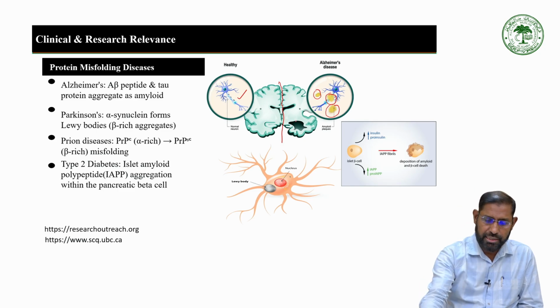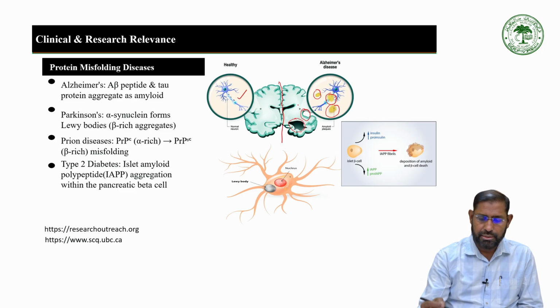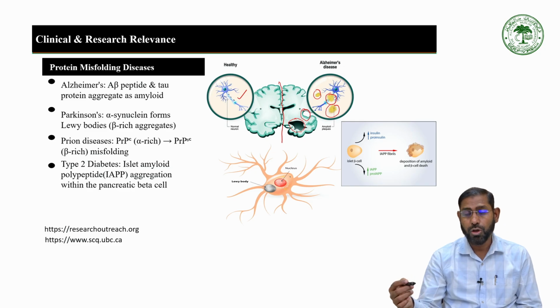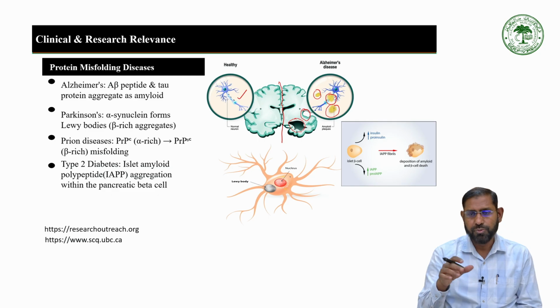And then there's shrinkage in the brain, and this causes dementia, loss of memory. The person is not able to remember their past, and also forgets certain daily activities. So these are the amyloid misfolding characteristics.